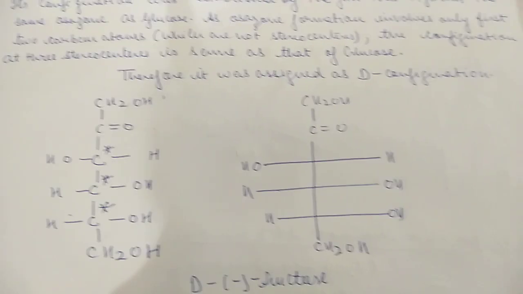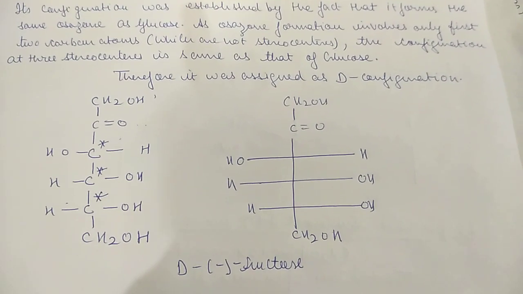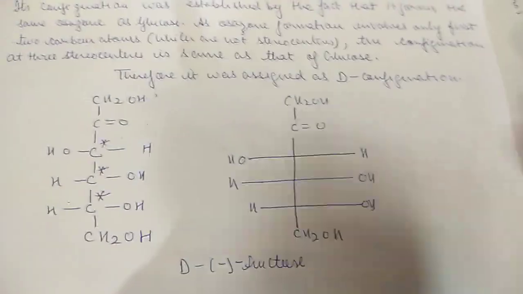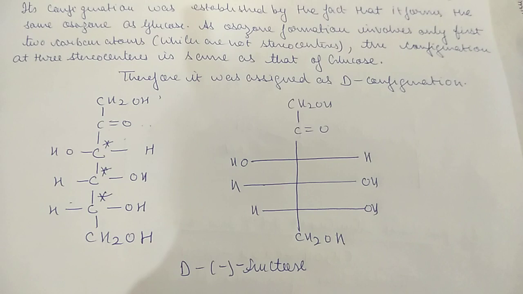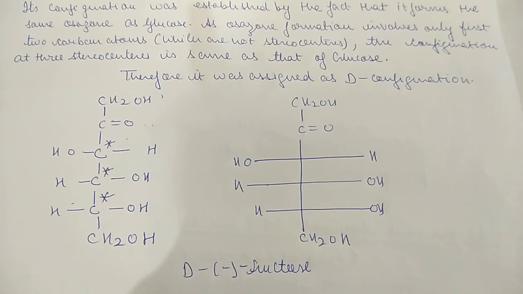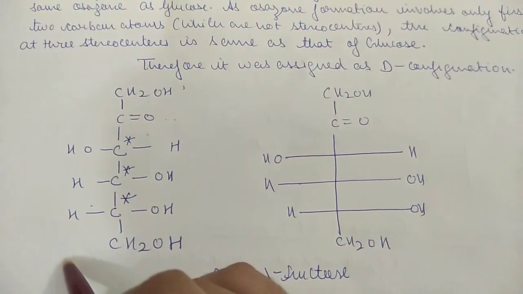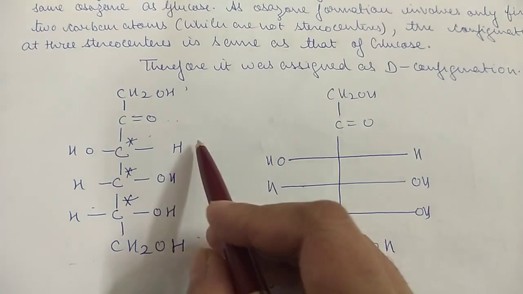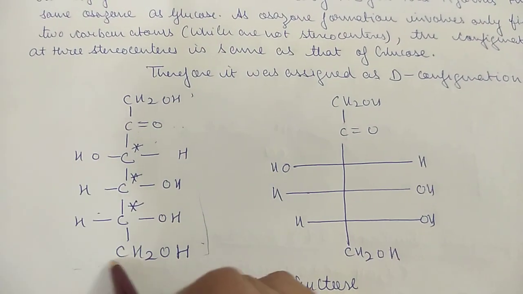As osazone formation involves only the first two carbon atoms, which are not stereocenters, these two are not chiral carbons, the configuration at the three stereocenters is the same as that of glucose. This part of the chain is the same as that of glucose.